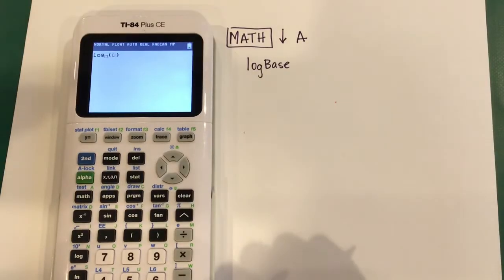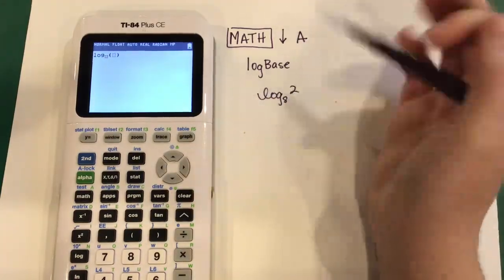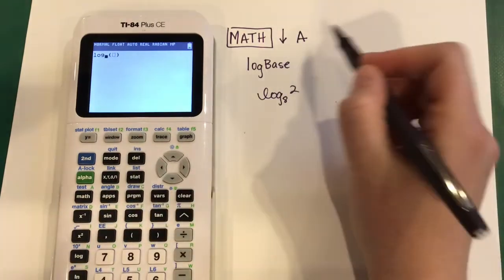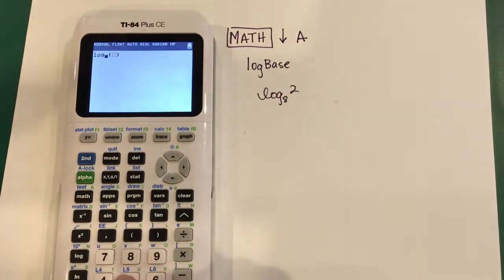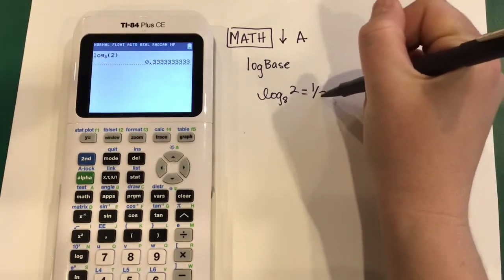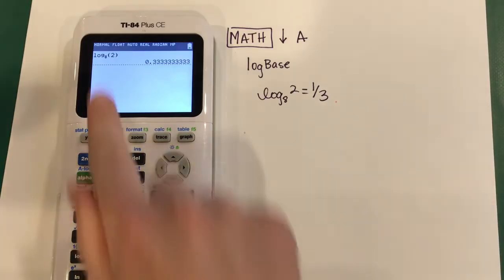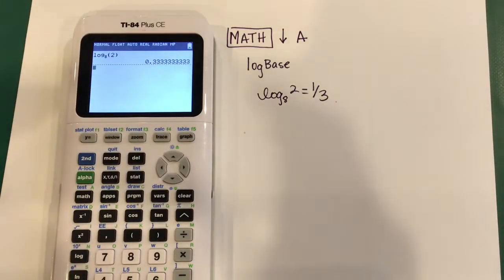So I hit that, and it lets me just type some things in. So we just did log base 8 of 2. Well, I'm going to do the same thing. So I went math, arrow down, A, so 8 of 2. And that equals 1/3.